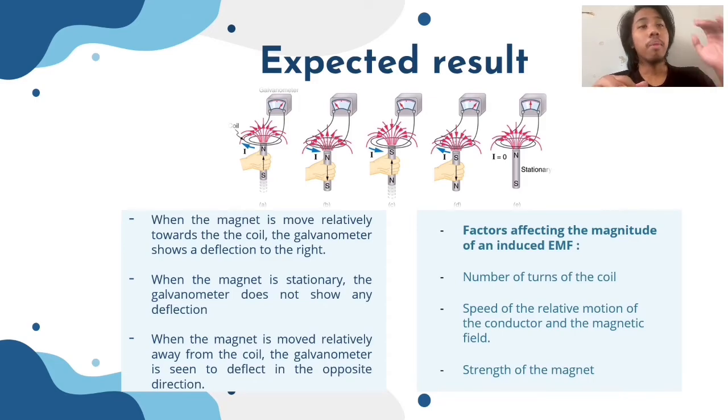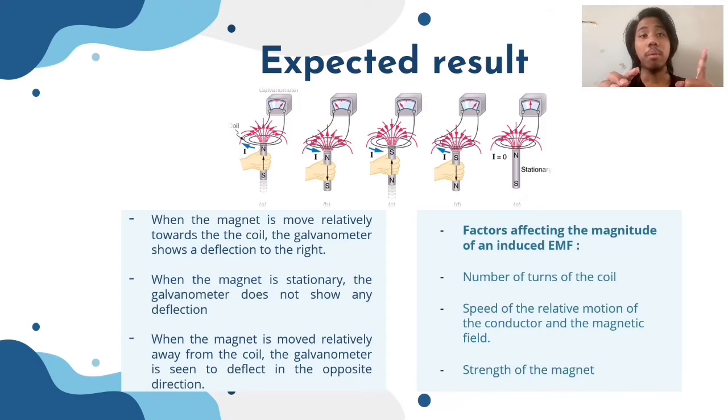When the magnet is stationary, the galvanometer does not show any deflection, so no current is produced. And when the magnet is moved relatively away from the coil, the galvanometer is seen to deflect in the opposite direction.